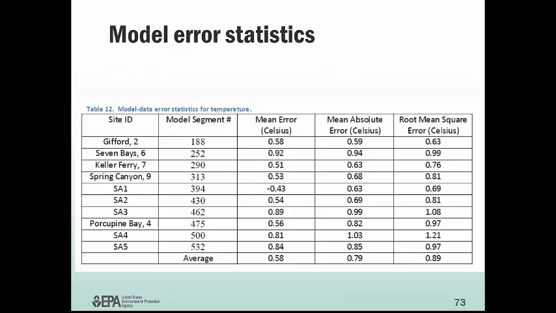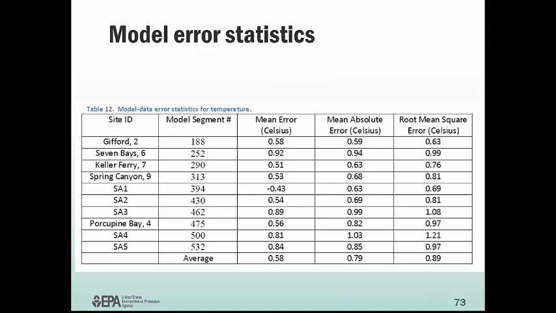You'll note the mean error, there's only one negative value there. I mentioned it can go positive or negative, so there is one location where we're under-predicting, but at the other ones we're over-predicting. And when you do a grand average, this is a temperature model, you can argue we're biased a little bit high by about 0.5 degrees Celsius in general, but not at that one location.